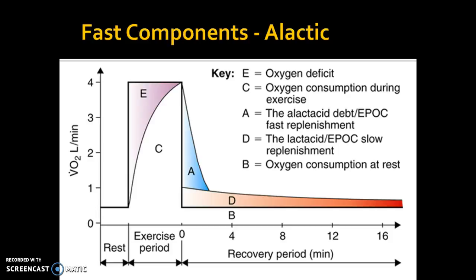This will happen every time there's a break in the game. But every time you resynthesize ATP and PC stores and then work again, the rate of resynthesis will become less and less. So the further into the game, you have less ATP and less PC resynthesis taking place.